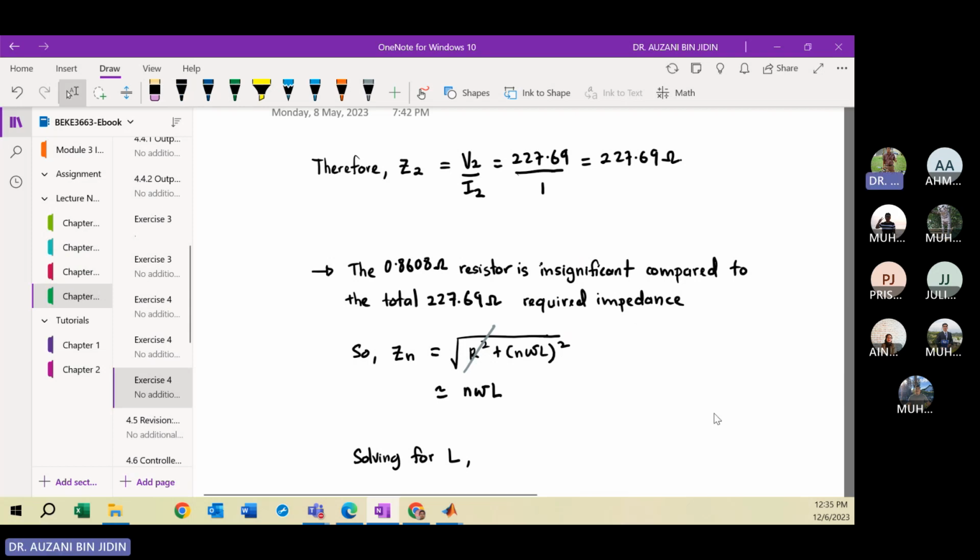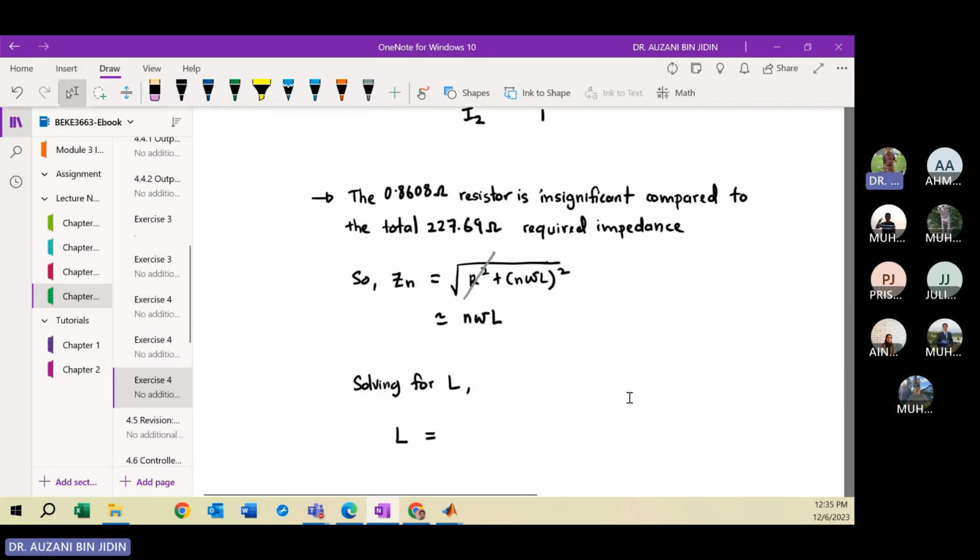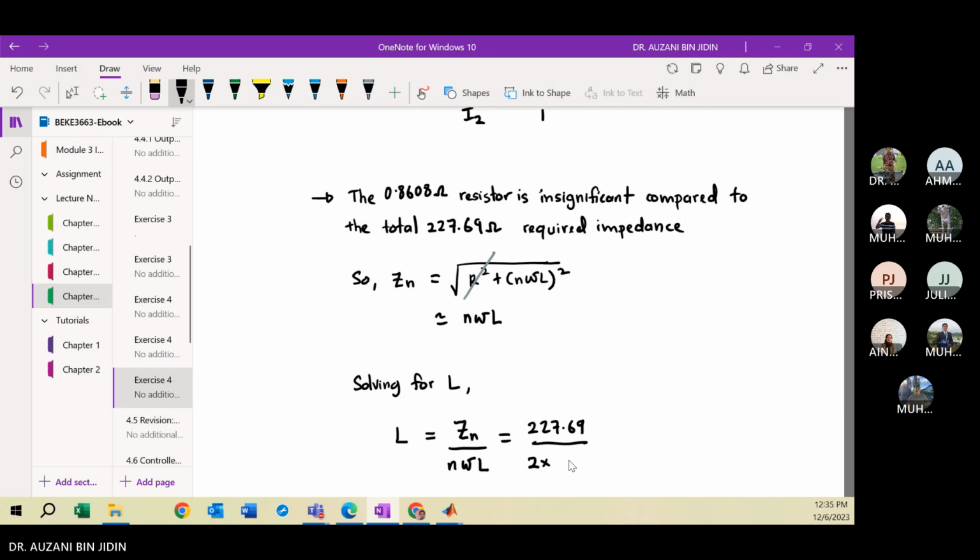So from here, you can solve for L. You just rearrange the above equation. So here is Z2. Maybe I can write here n omega L first, where Z2 is 227. N is what? N is 2.